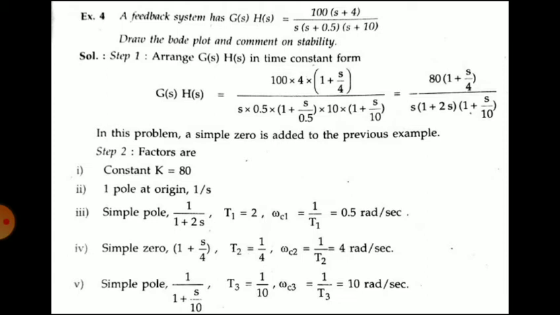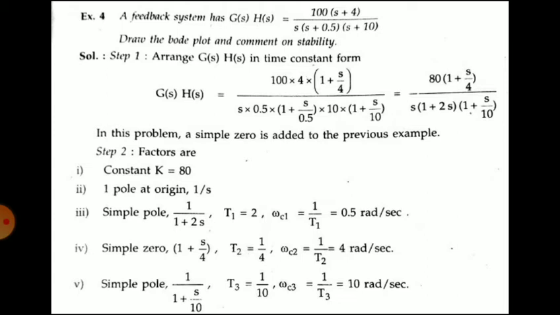Now you can identify the different factors that are required for the Bode plot. The first factor is a constant K, the system gain. If you compare this G(s)H(s) with the time constant form, you will get K equal to 10.